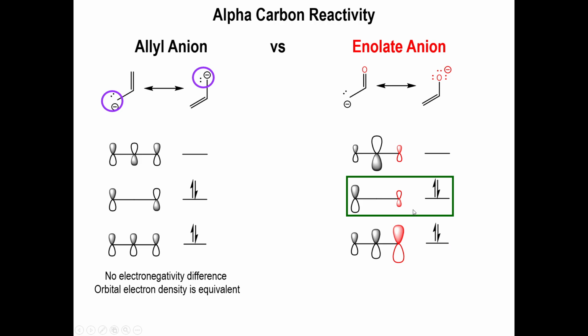But the difference now is that there is a vast preference for the electrons being allocated on carbon as opposed to oxygen. So you may have wondered in the past, if you have the enolate, and you have this resonance structure, why doesn't oxygen get to attack as opposed to carbon? Well, this is one of the reasons why. The orbital where the highest electron density is located within the HOMO is on carbon.